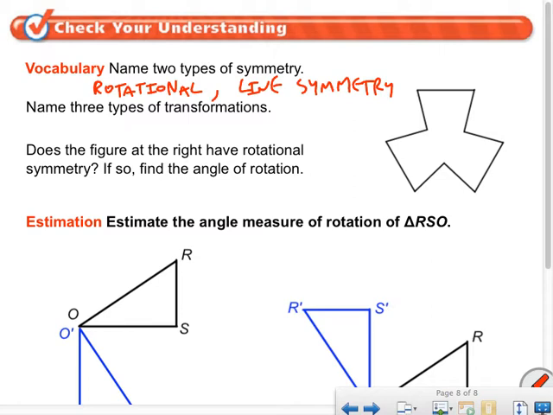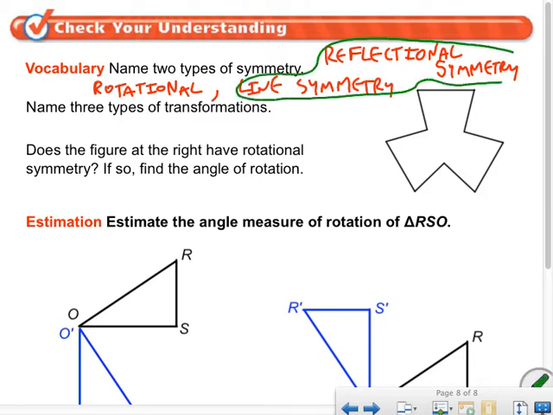I feel like the book is kind of using this as a synonym for reflectional symmetry. Yep. Okay, so these two, be ready to use either. They're synonyms.